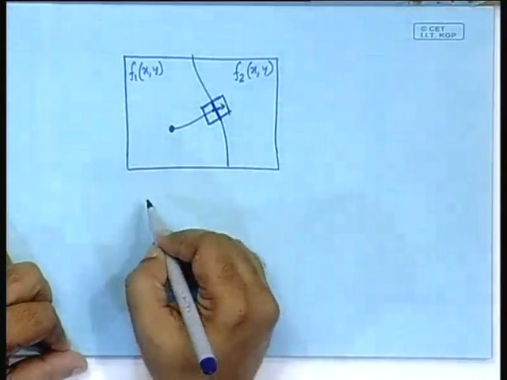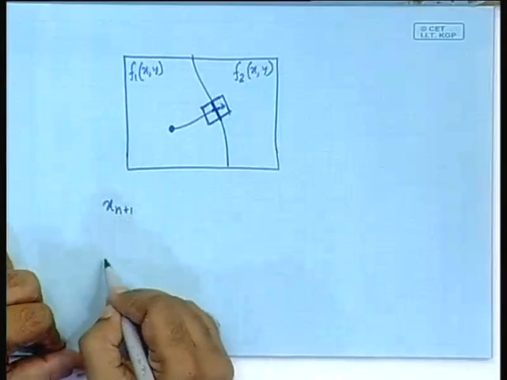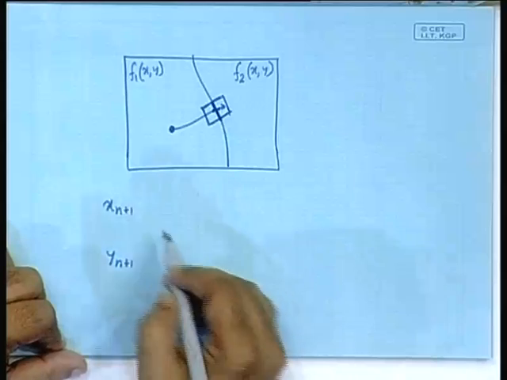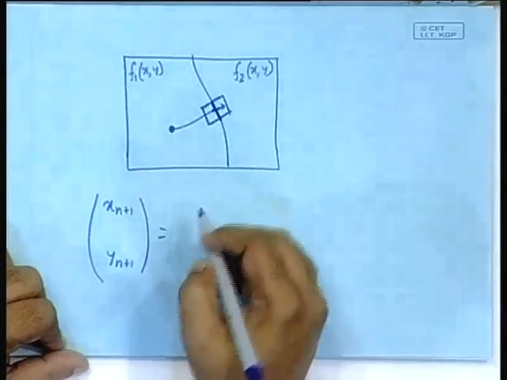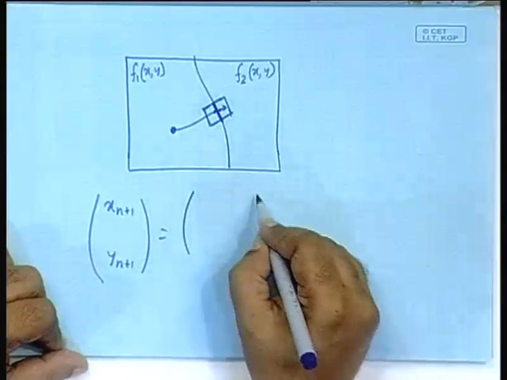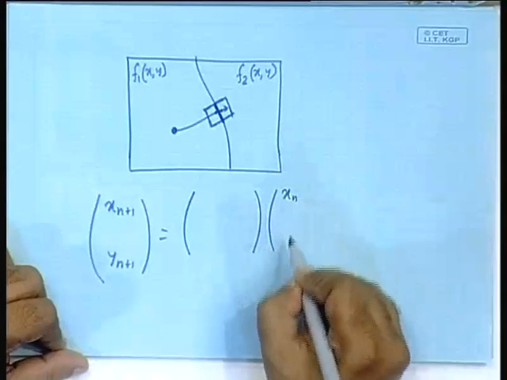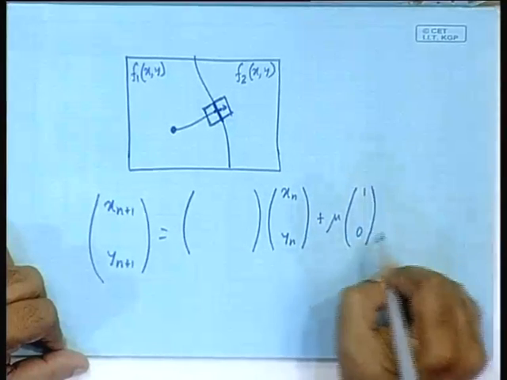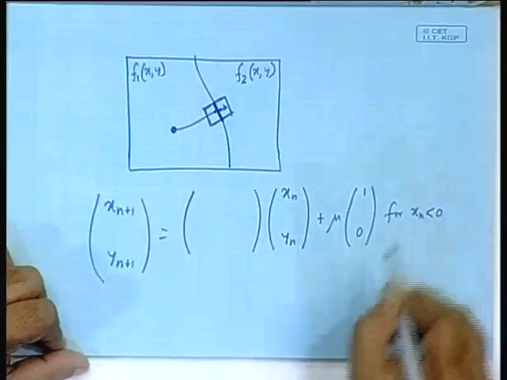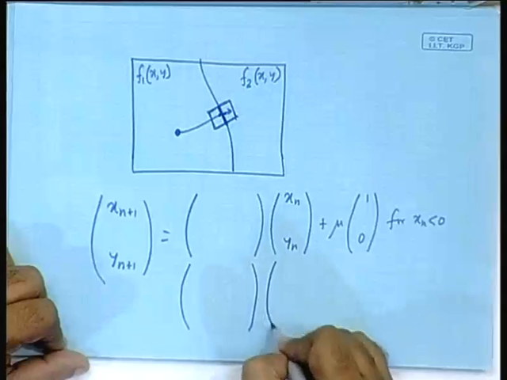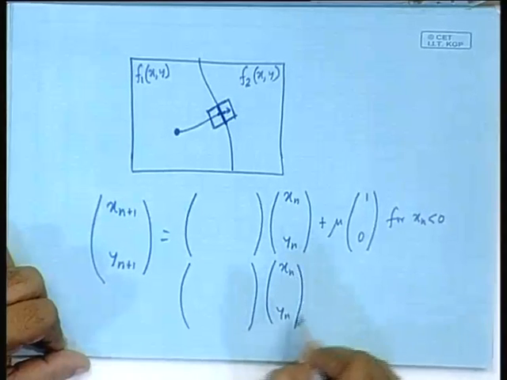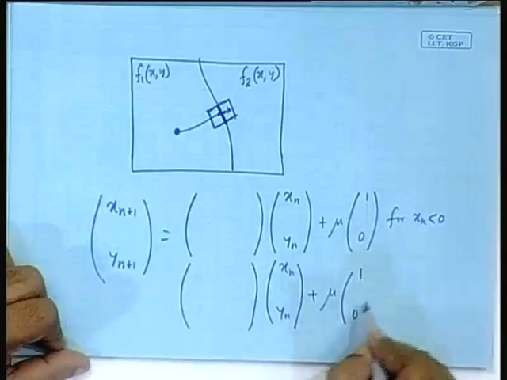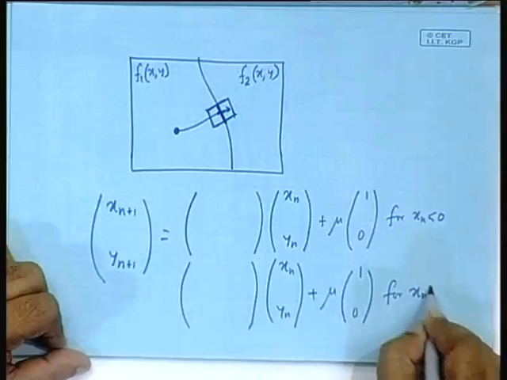So, no big deal. As a result, the map itself can be expressed in the very convenient form, where x_{n+1}, y_{n+1} will be expressed as a matrix times x_n, y_n, and there will be a parameter like this for x_n less than 0, and there will be another matrix times x_n, y_n plus mu, 1, 0 for x_n greater than 0.